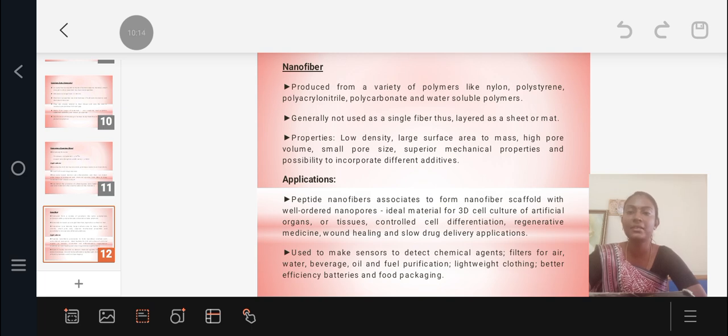Used to make sensors to detect chemical agents, filters for air, water, beverage, oil and fuel purification, lightweight clothing, better efficiency batteries and food packaging.